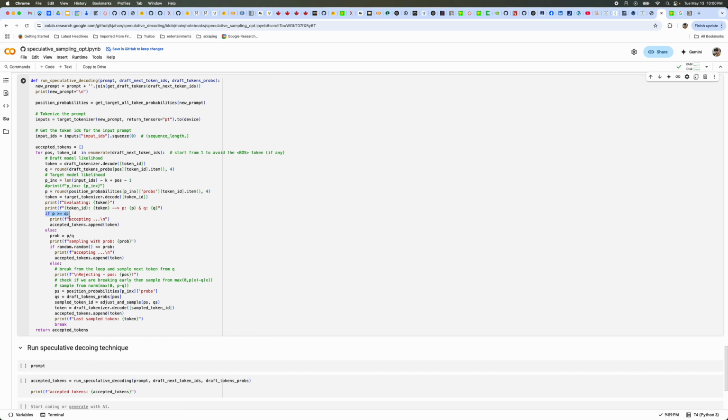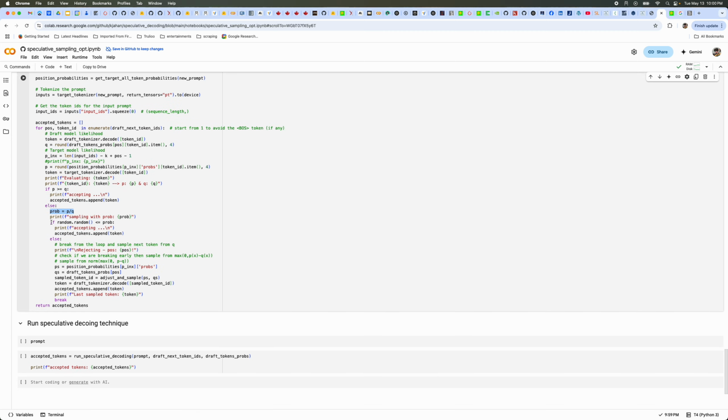If P is greater than Q, we accept it. Otherwise, we flip a coin with probability P divided by Q. If the coin comes up heads with this likelihood, we accept that token and keep going through the loop. Otherwise, we reject, because the coin didn't come up heads.